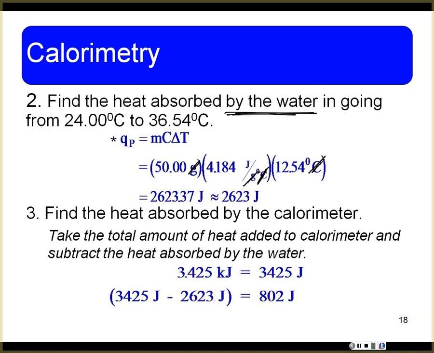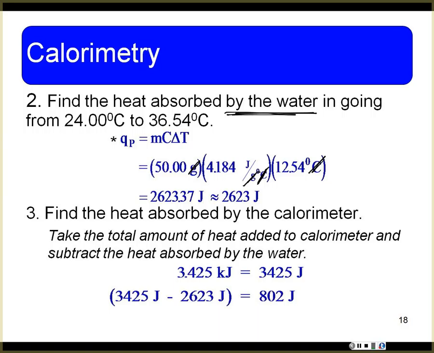Now we're going to find the heat absorbed by the calorimeter. Once again, heat has the units of what? Joules, right. If it asks for just the heat absorbed by the calorimeter, you would stop here. So you take this value. Where did this number come from?